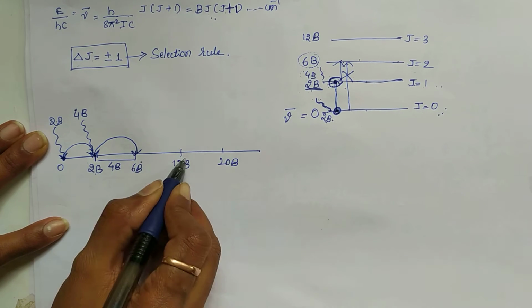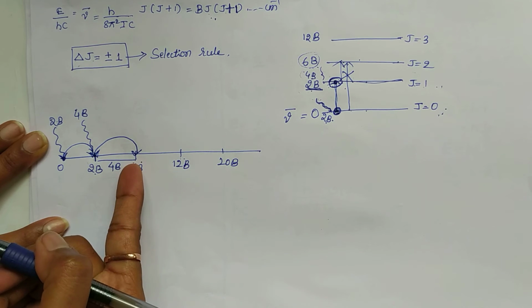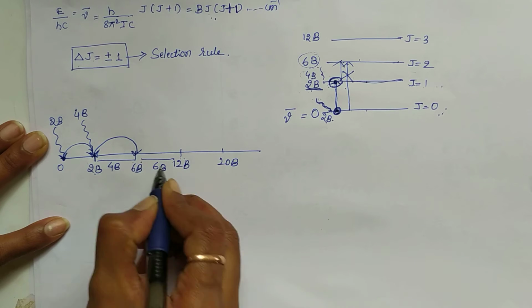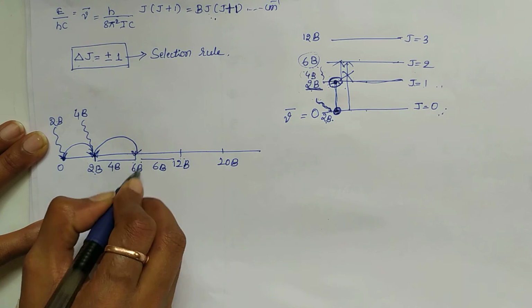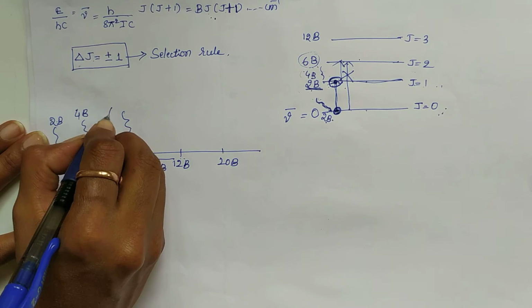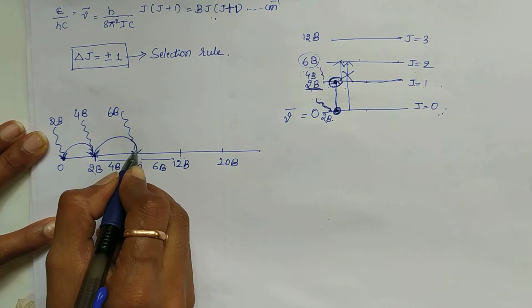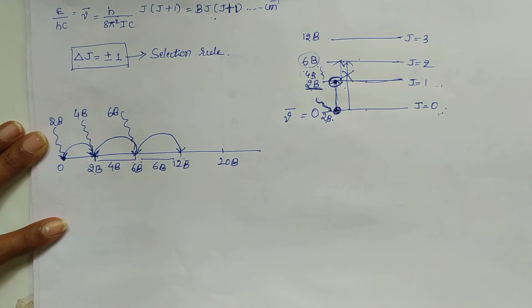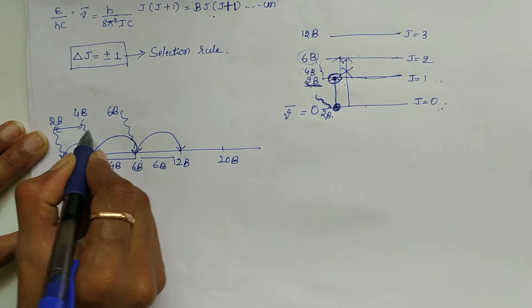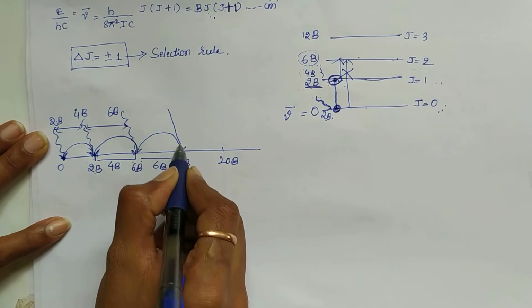Here the difference between the next energy level and this energy level is how much? 6b. The molecule already has the energy 6b, so here we have to send the electromagnetic wave of energy 6b. Then it will go to the next energy level, that is 12b. Now see the difference between the electromagnetic waves that we are going to send.